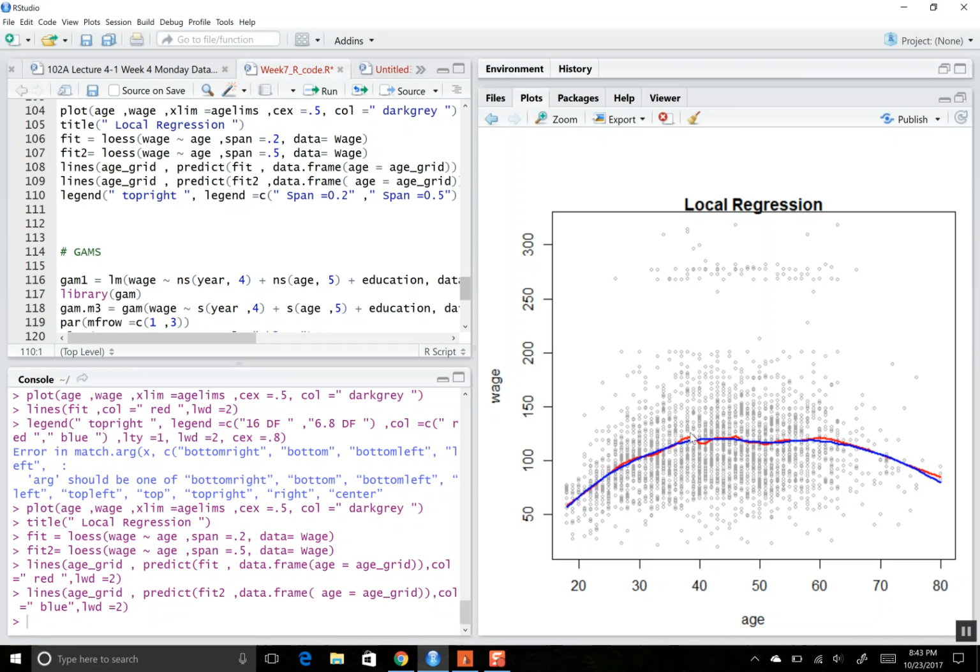But then maybe there is a real phenomenon that, because of your knowledge of the field, you want to say this makes sense. Maybe there was a law change in a certain year, and that shift for a particular year does appear in the data. If you weren't aware of that, you might see this wiggle right here and say, that doesn't make sense, I'm going to go for the smooth one.